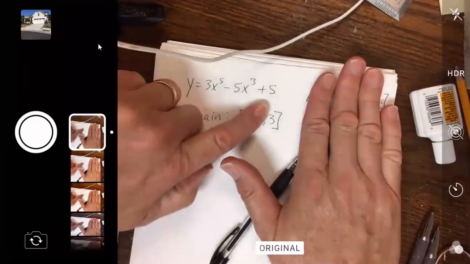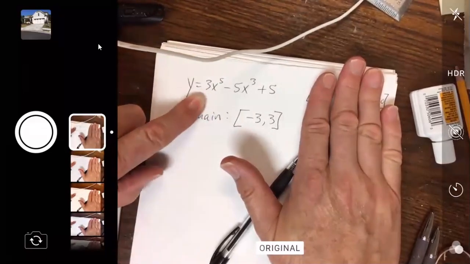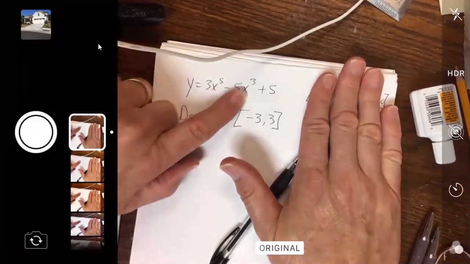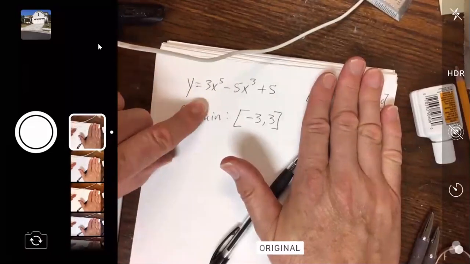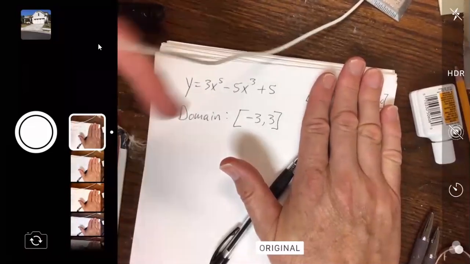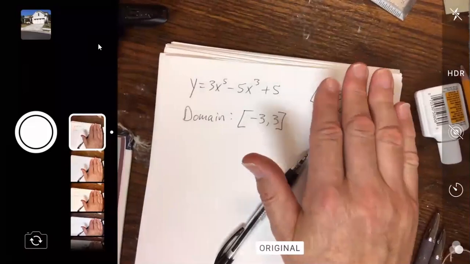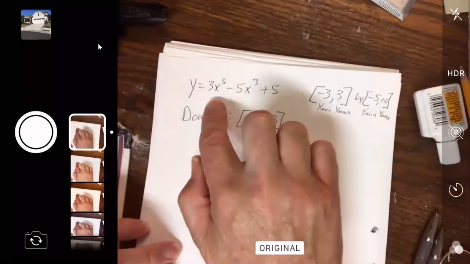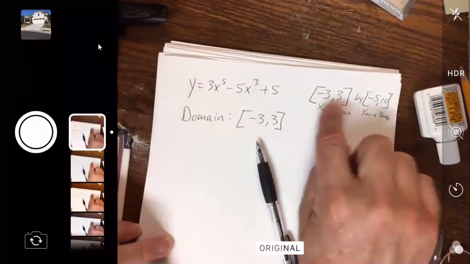You have neither situation here. There's no fractions, no square roots. So by itself, this would be -infinity to infinity. You understand that? All real numbers? Yep. Okay. But when they do this, they're wanting this graphed, or they're using this formula basically on this domain.